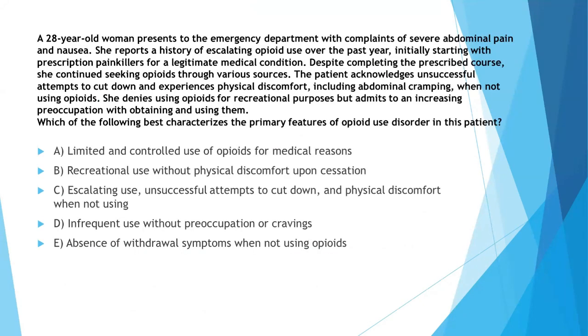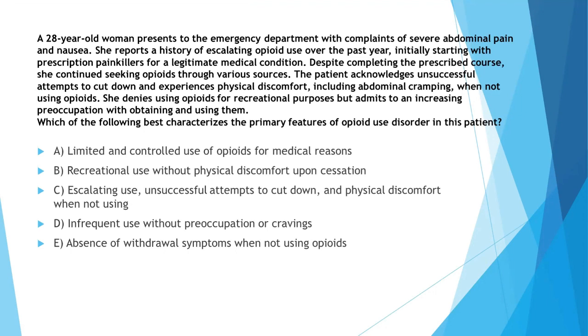Now let's do one more question here. Which of the following best characterizes the primary features of opioid use disorder in this patient? A 28-year-old woman presents to the emergency department with complaints of severe abdominal pain and nausea. She reports a history of escalating opioid use over the past year, initially starting with prescription painkillers for a legitimate medical condition.